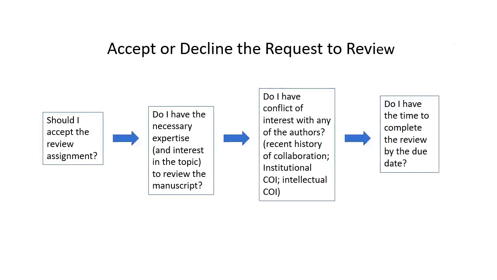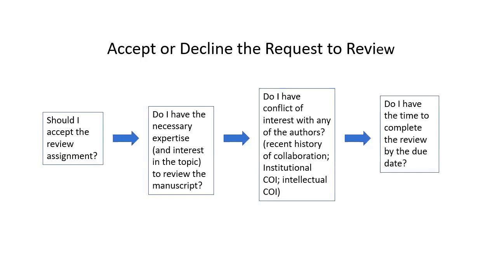So how do you decide whether or not to accept or decline a request to review from a journal? You should ask yourself 3 basic questions. First is, do I have the necessary expertise and interest in the topic to review the manuscript? Second is, do I have conflicts of interest with any of the authors?